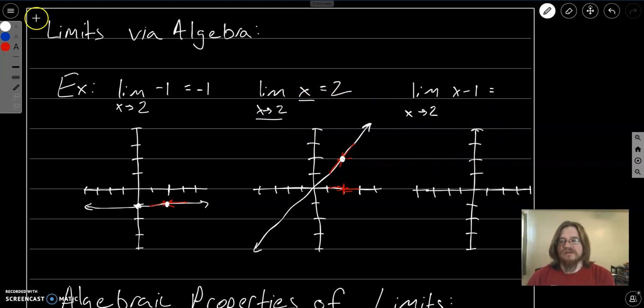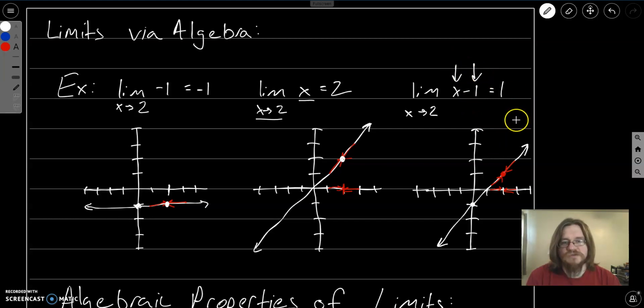And then this last one is where things maybe start to get a little bit more interesting. We've got x minus 1. So again, we've got a slope 1, but a y-intercept of -1. So then we'll go up like this, come down like this. And now we actually have to do a little bit of calculation. As we approach 2 from the left and right, the height of our function is actually approaching 1, which looks like 2 minus 1.